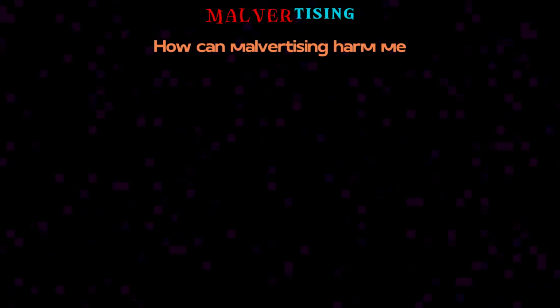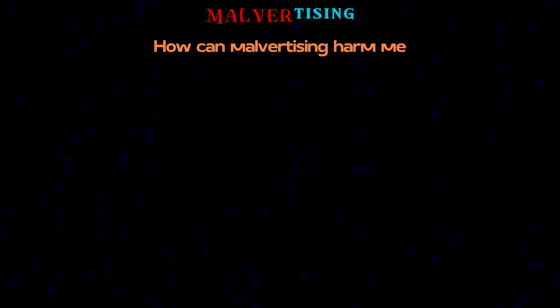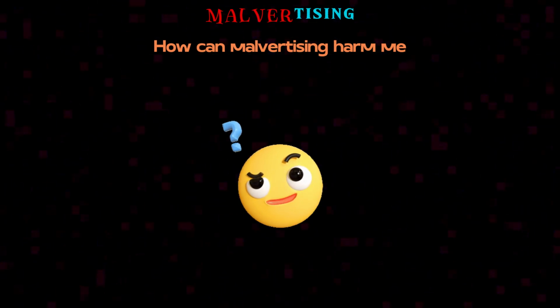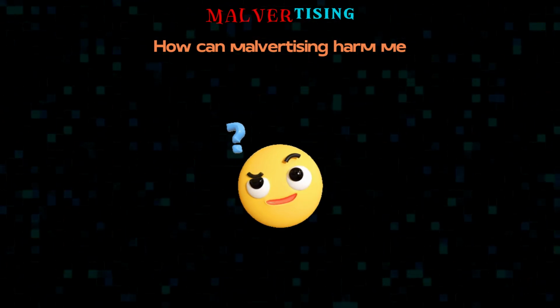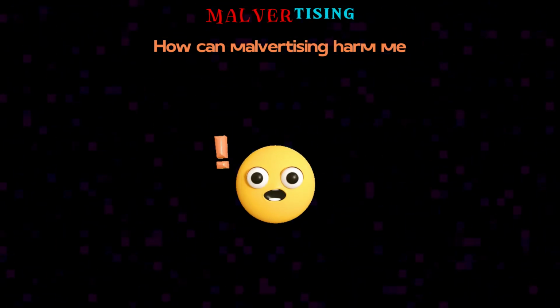How can malvertising harm me? Perhaps a more pertinent way to put that question is, is there really any chance it won't harm you? The answer is no, because the bad guys behind malvertising have multiple illicit goals they pursue with dogged determination.